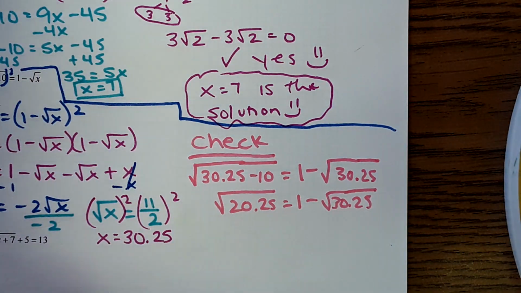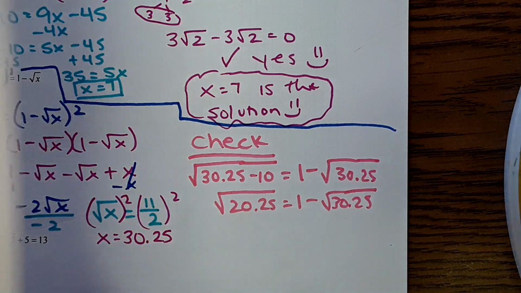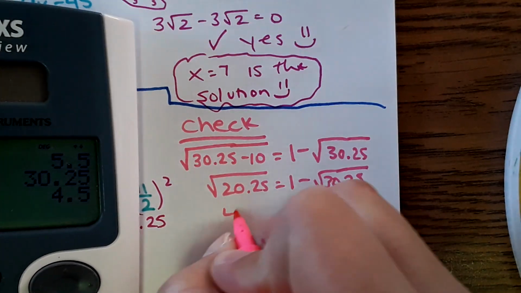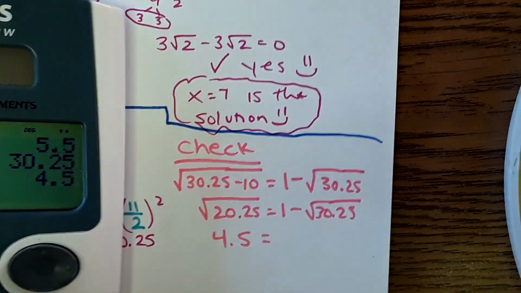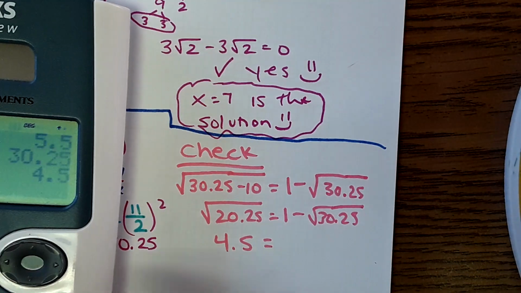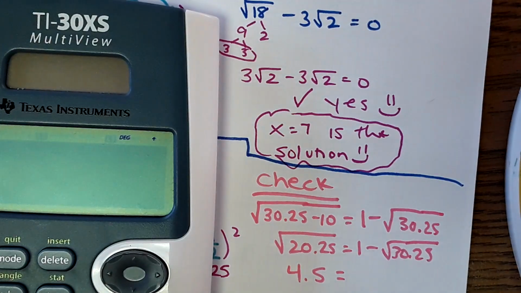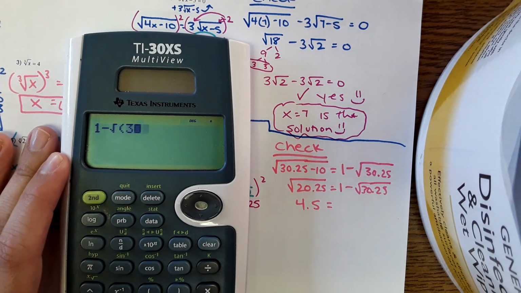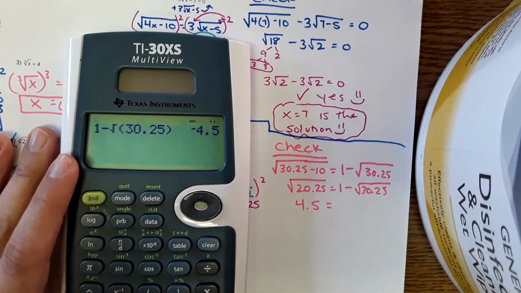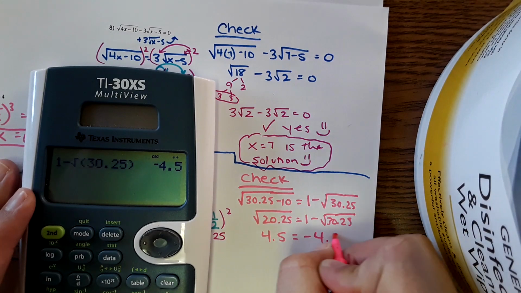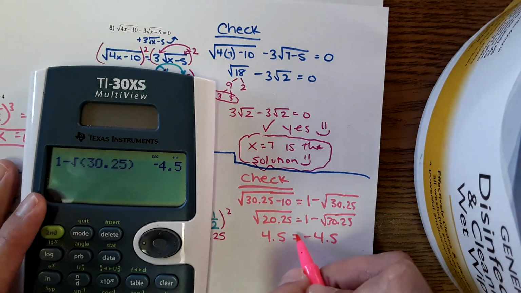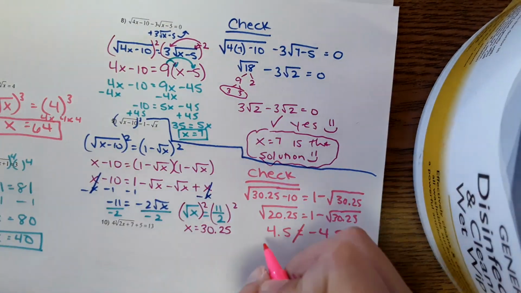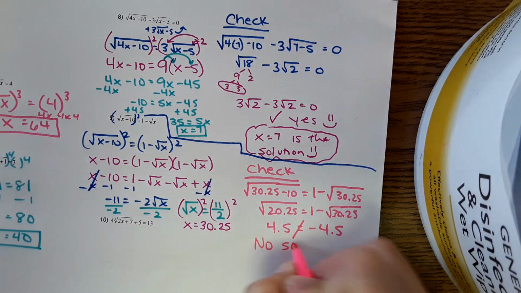See, square root of 20.25 is 4.5. And then this part over here, I'm just plugging it into my calculator. 1 minus square root 30.25 comes out to negative 4.5. So therefore, these do not equal. So there is no solution.